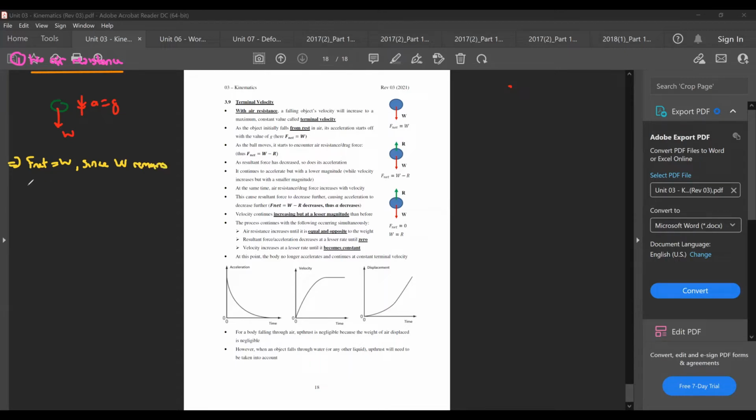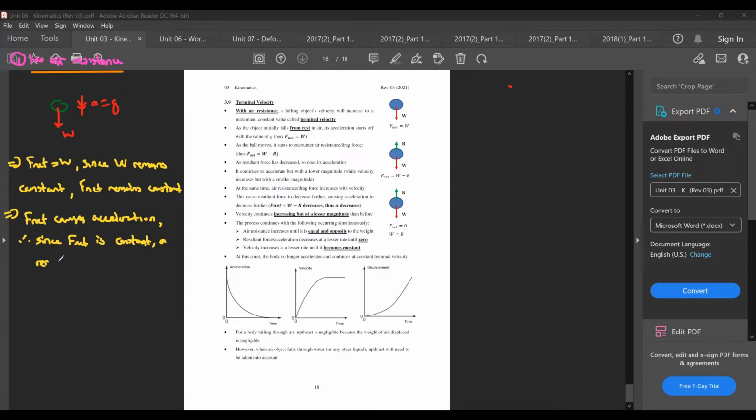remains constant, F net remains constant. So we also know that F net causes acceleration. Therefore, since F net is constant, A remains constant.